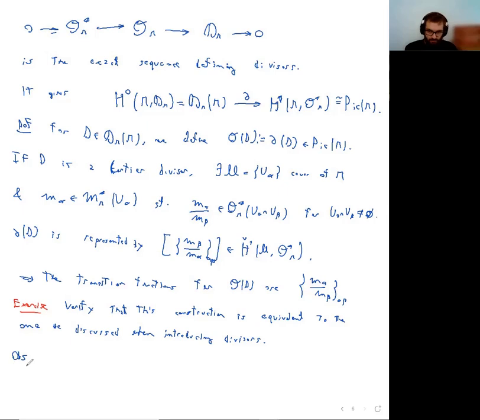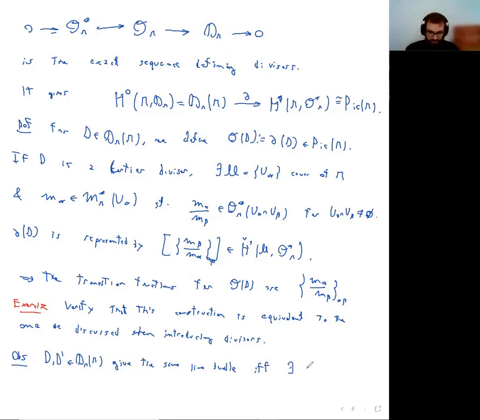And maybe just a small observation. Let's say that we have two distinct divisors, and then they give the same line bundle. Giving the same line bundle means that they have the same image here, right? So they differ by something in the kernel, which is nothing but something in the image of the previous morphism.